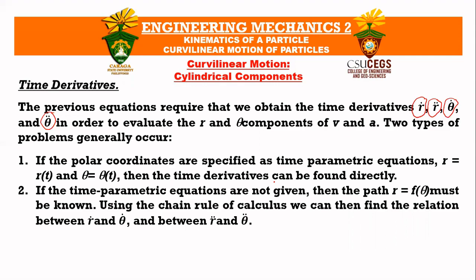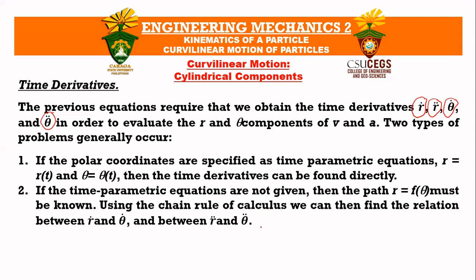And if the time parametric equations are not given, then the path r, which is a function of theta, must be known. So using the chain rule of calculus, we can then find the relation between r dot and theta dot, and between r double dot and theta double dot.